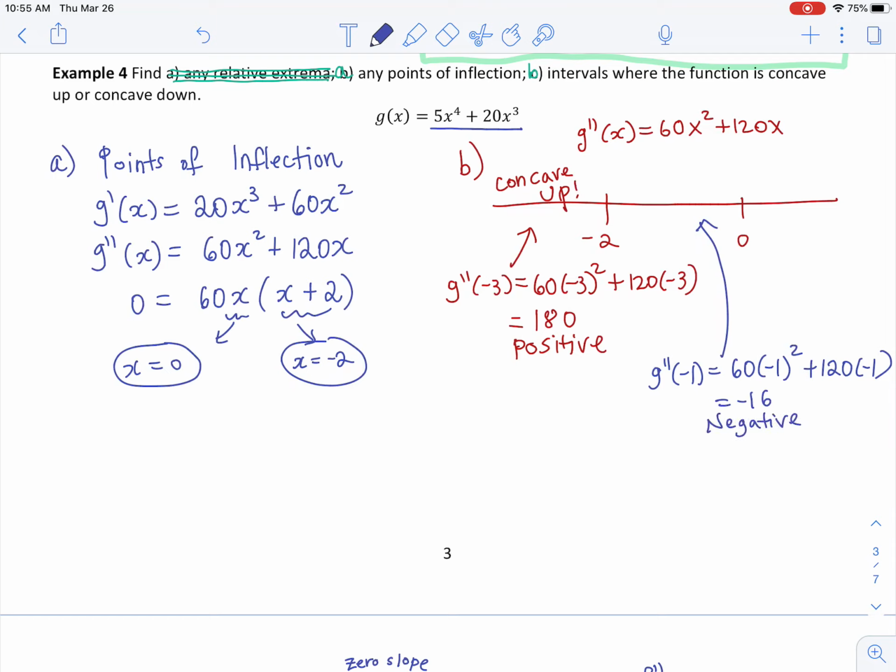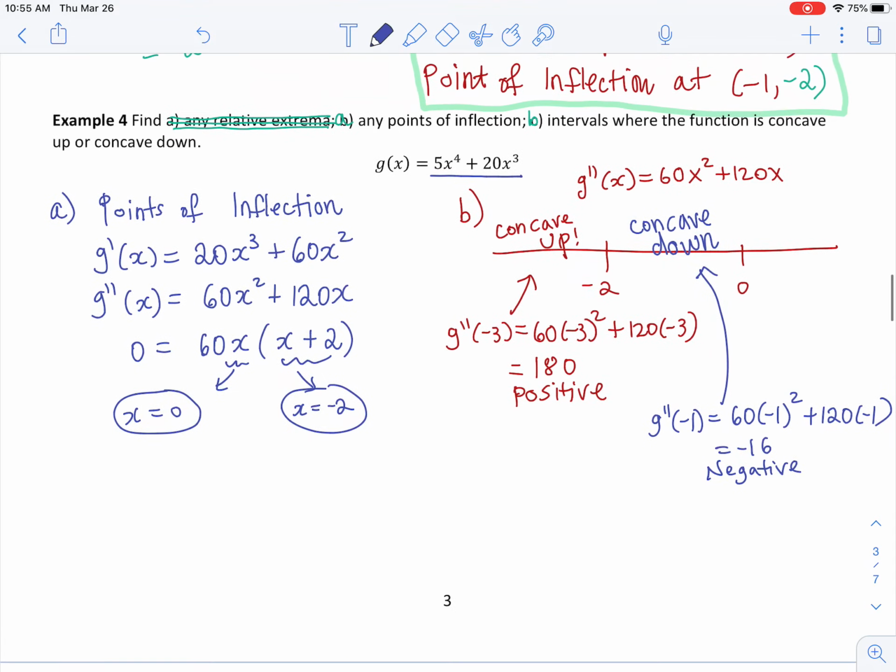This is a negative number. A negative second derivative means that this interval is going to be concave down. So guess what we know? -2 must be the x value of a point of inflection.